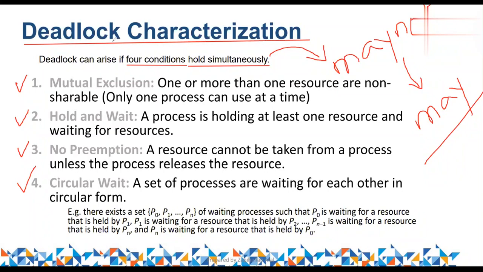Okay, let's have a discussion about the first condition, which is mutual exclusion. Mutual exclusion means one or more resources are not shareable. Only one process can use it at a time. Let's suppose our system consists of multiple resources.